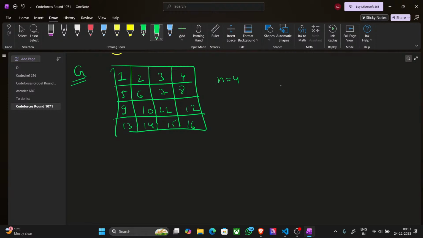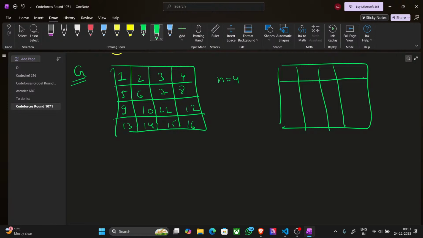Now these penguins are rearranged. So one can go up to here: 1, 2, 3, then 4, then 5, 6, 7, 8, 9, 10, 11, 12, 13, 14, 15, 16, like this.